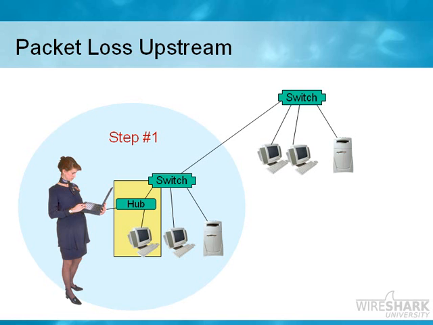Now in step number 1, I want to be as close as I can be to the client to hub out and see what the client is experiencing, watch the symptoms. Step number 2 would be to go closer to the server and move upstream to see if the server was dropping the packets outbound. So the next step would be to move closer to the server.